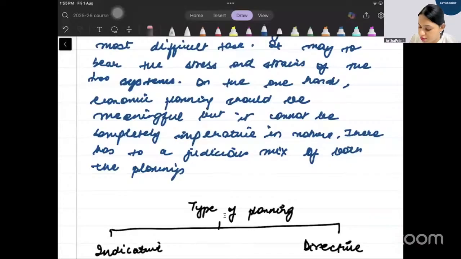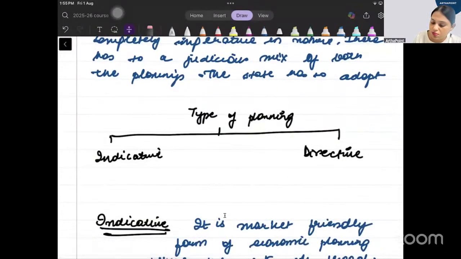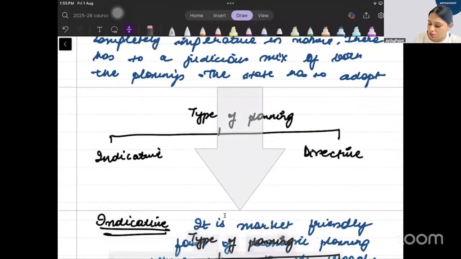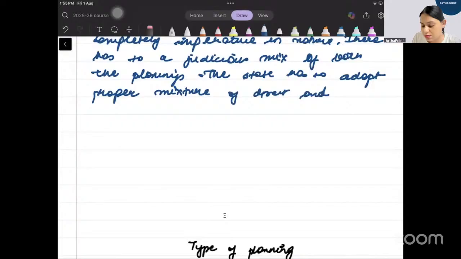The state has to adopt proper. So the state should be using some direct control also and indirect control also. So it has to adopt proper mixture of direct and indirect control, right?